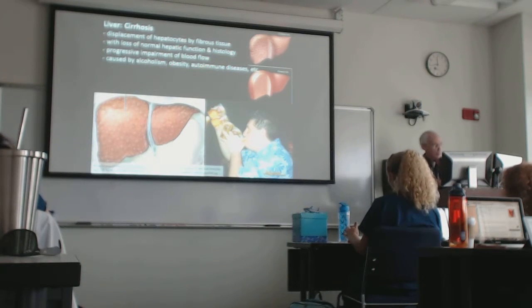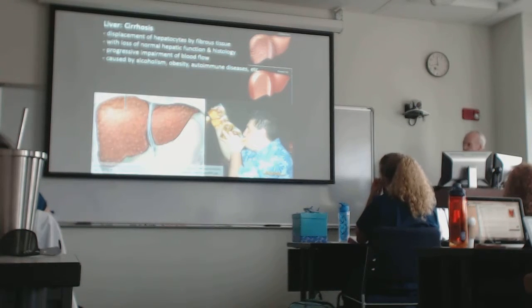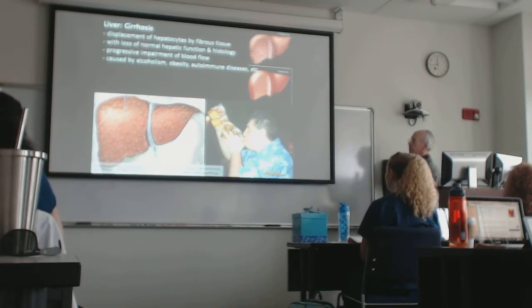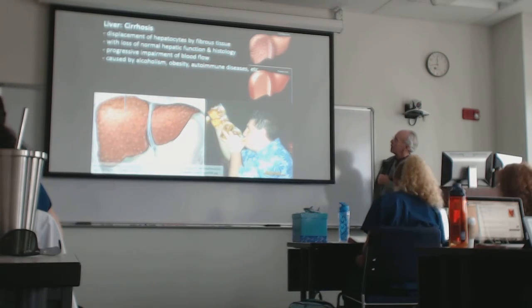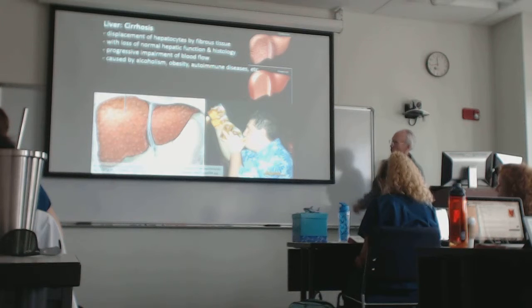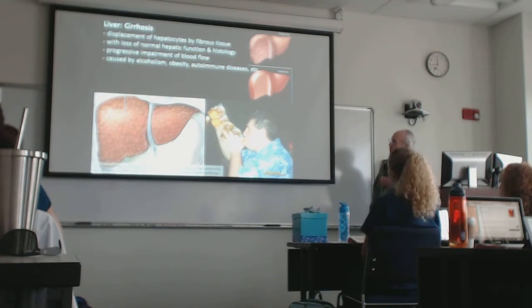But of course, with cirrhosis, we're talking about progressive degeneration and scarring of the hepatic parenchyma, the hepatic tissue. Initially, it becomes sort of fatty, something called steatosis, and then eventually the steatotic regions go over to scarring and necrosis.